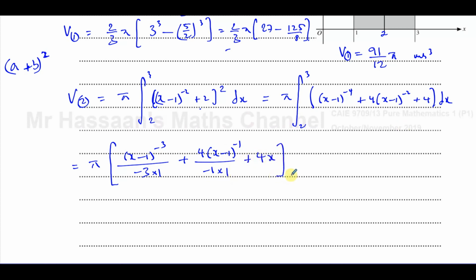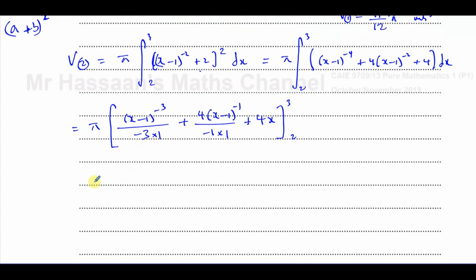Okay, so the limits here are 2 and 3. Now let's simplify this a little bit before we substitute. So I'll do it down here so I get more space. So pi times, don't forget the pi. Now I've got here, this is going to be a negative term, and this is to the power of -3. To make it easy for substitution, I'm going to write that in the denominator. I know that a to the power of -n is the same as 1 over a to the power of n. So I can rewrite this as minus 1 over 3 times x minus 1 cubed.